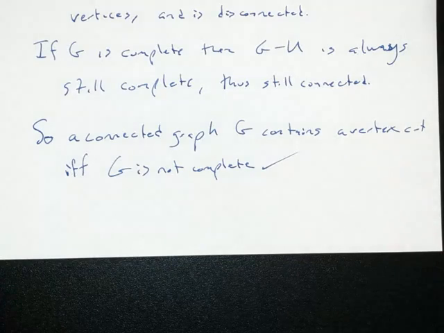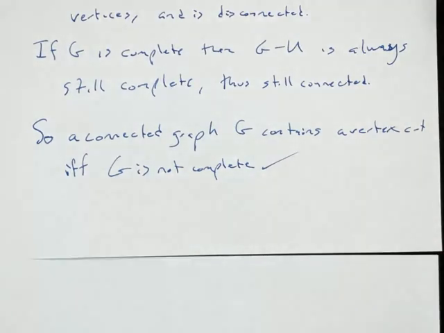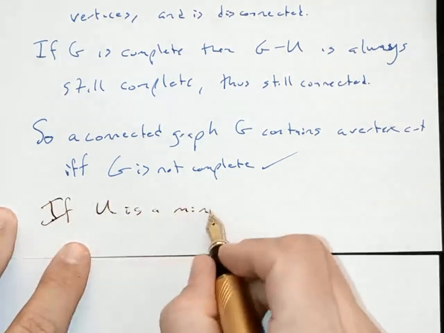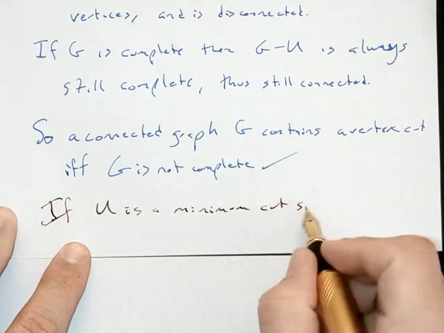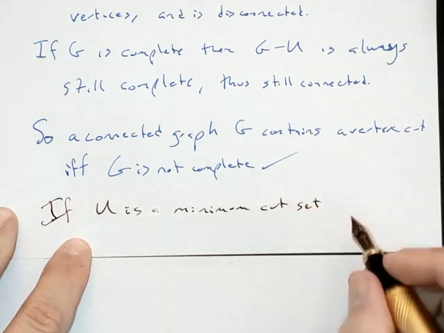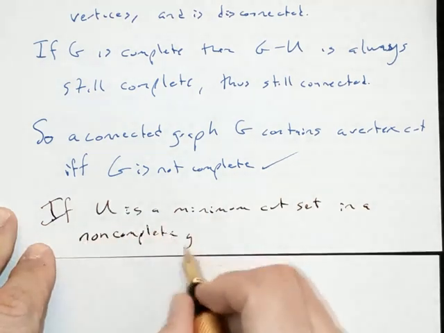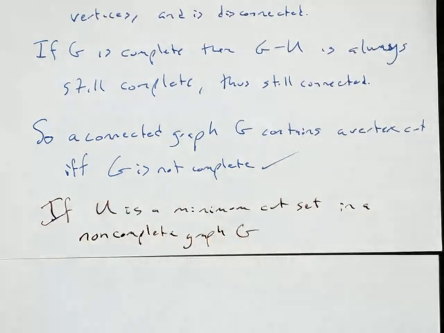So let me think about a graph that's not complete. In English, the wording is twitchy. I would have said incomplete graph G, not complete.